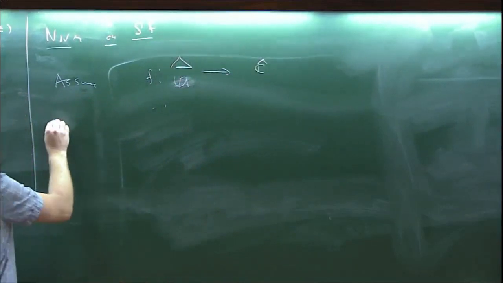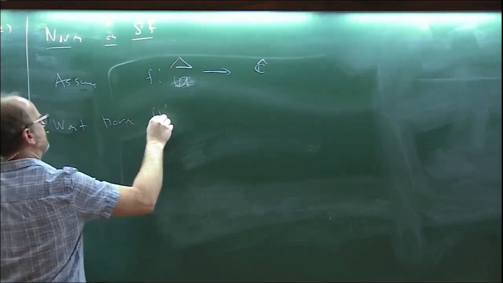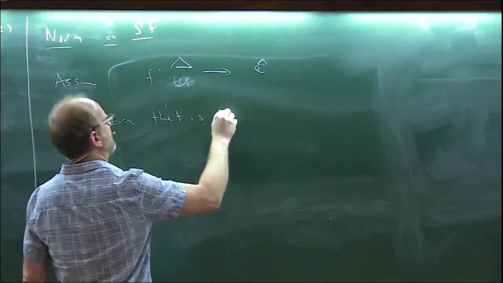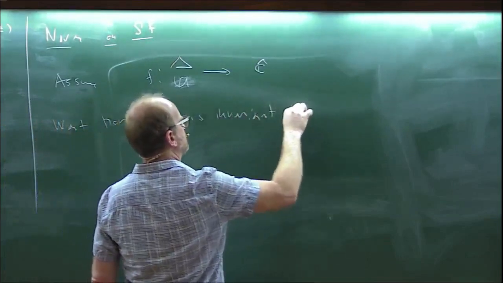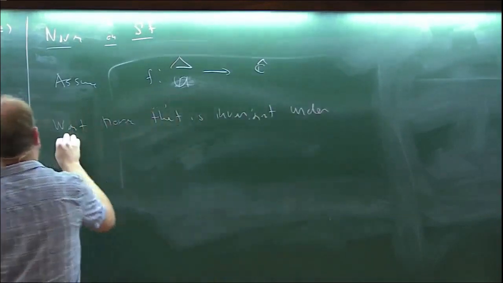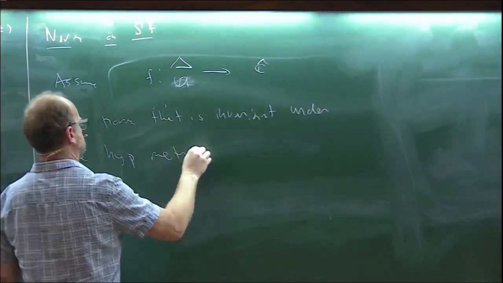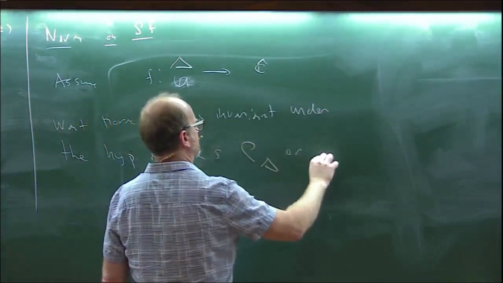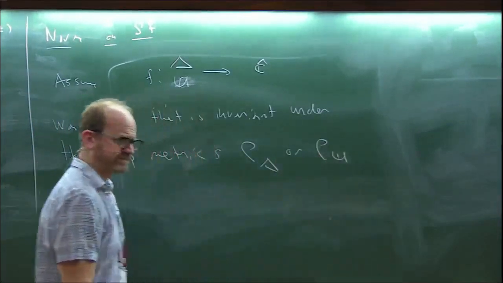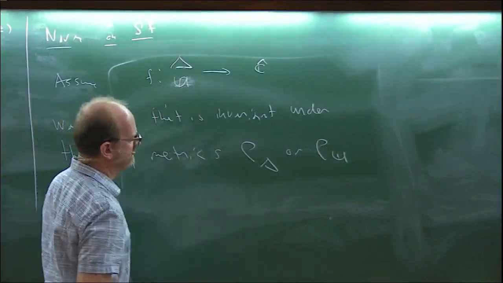And I want a norm that is invariant under the hyperbolic metric, rho delta or rho u. So there's natural hyperbolic metrics on both of these spaces.